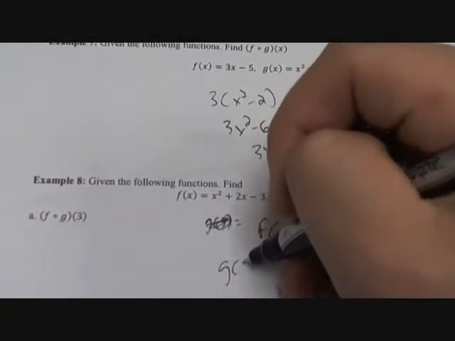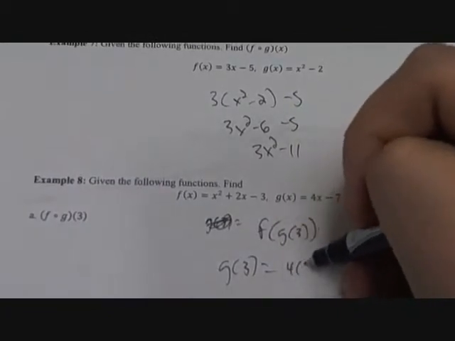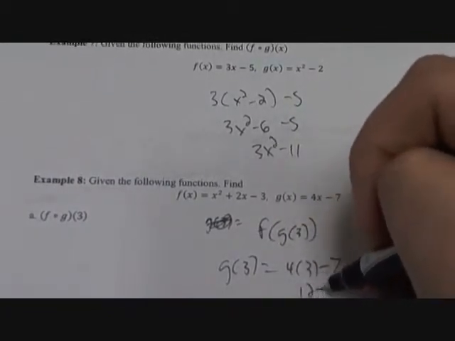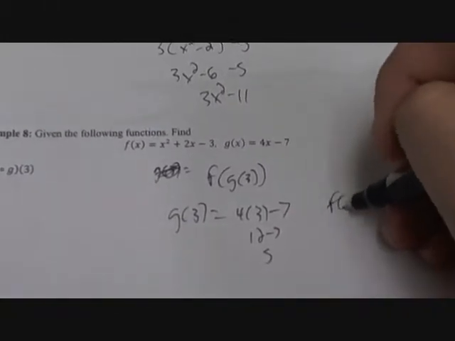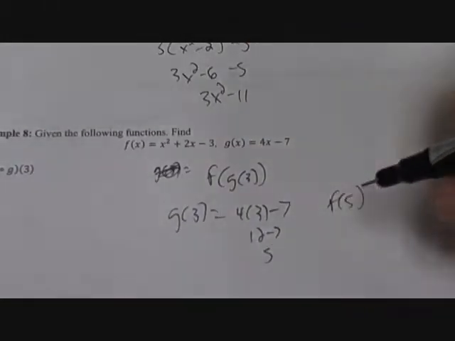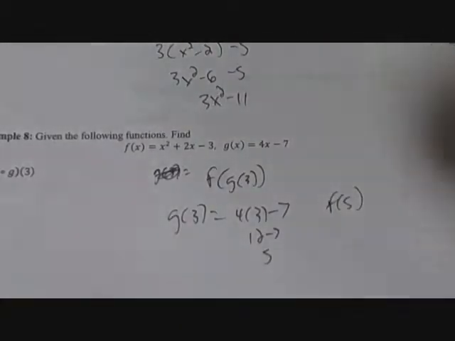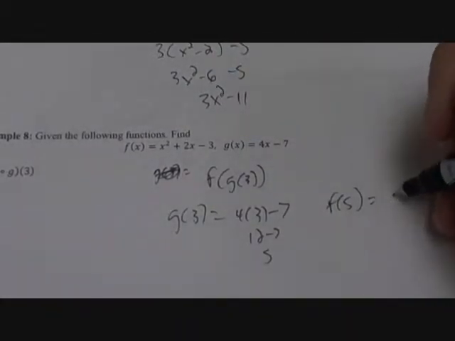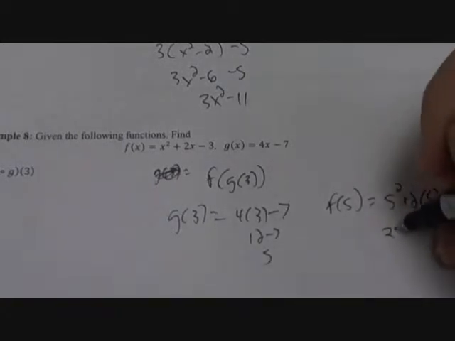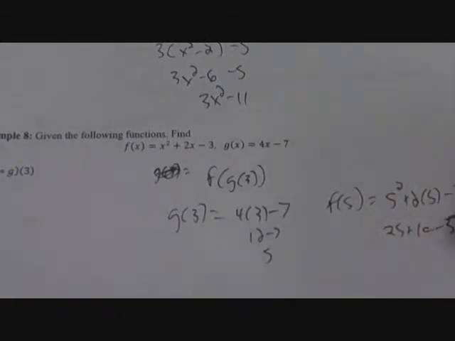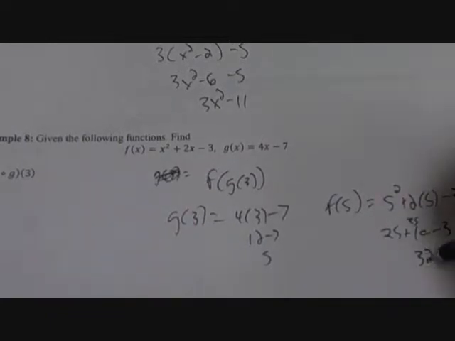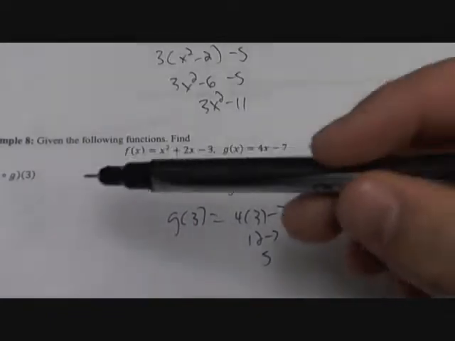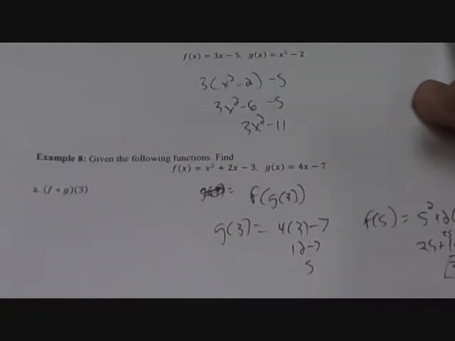So g of 3 is equal to 4 times 3 minus 7, so it's 12 minus 7, which is 5. Now we do f of 5. Plug in 5 to your f of x: 5 squared plus 2 times 5 minus 3. 25 plus 10 minus 3 is 32. So the answer f of g of 3 is 32.